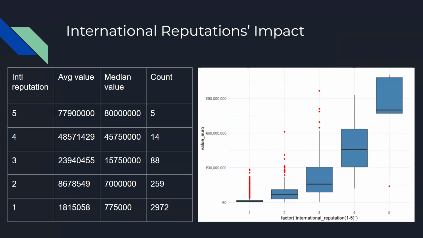As the international reputation increases, so does the median value in euros. And as the international reputation increases, the number of players becomes very small, so it is very rare to find players with very good international reputation, and that is also reflected in their average value.